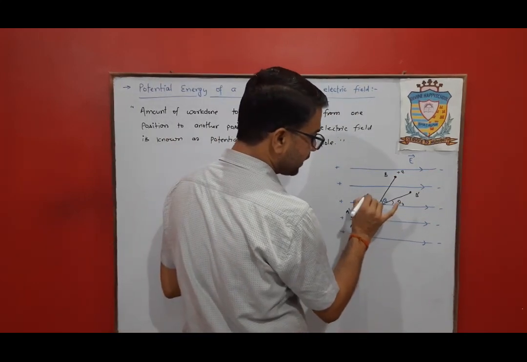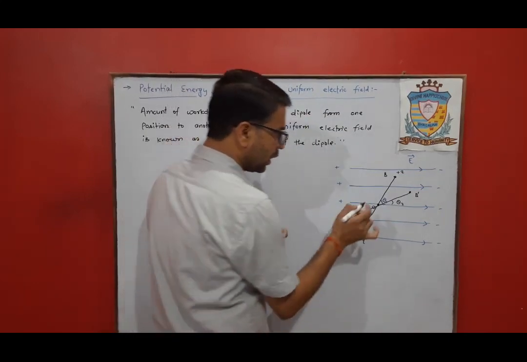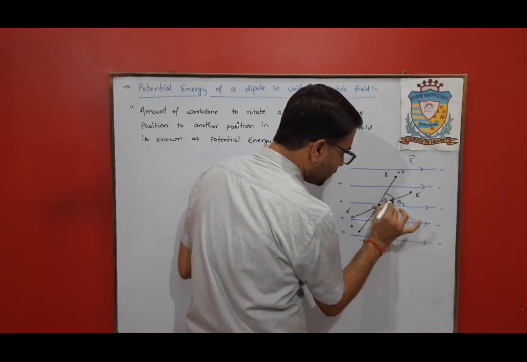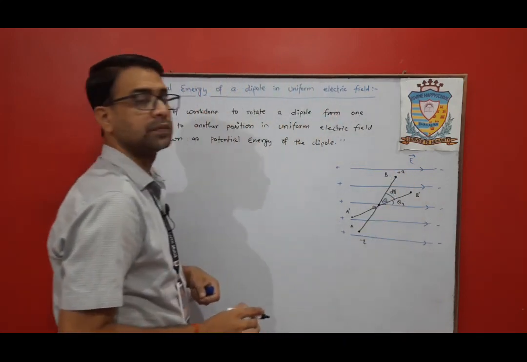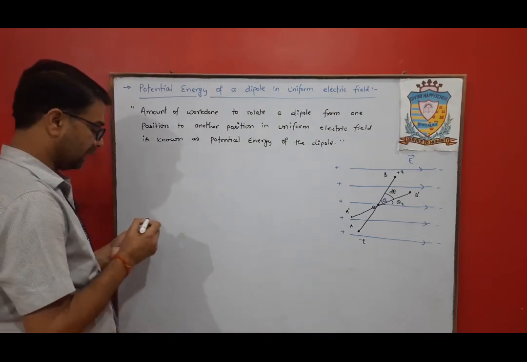Okay, previously it is theta 1, now it is theta 2. The total angular displacement of the dipole, let it is d theta, a small angle, that is d theta.